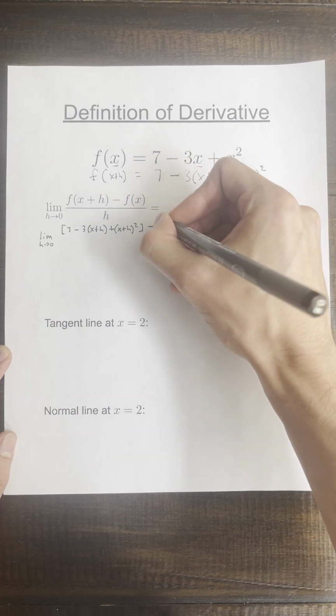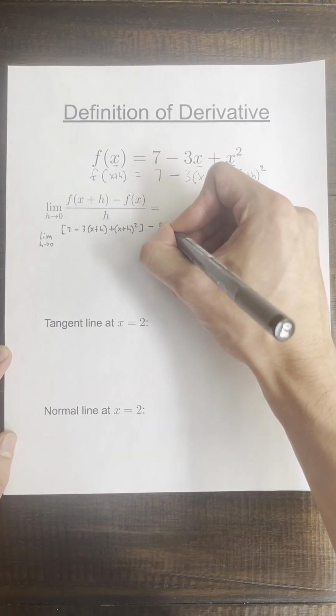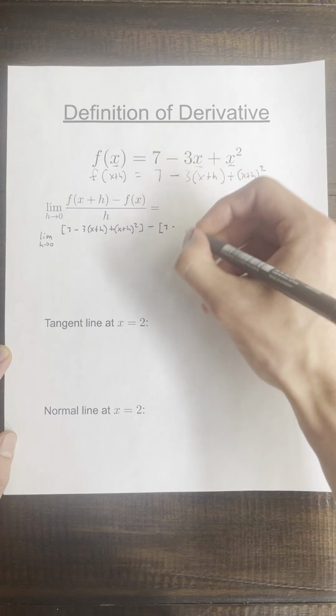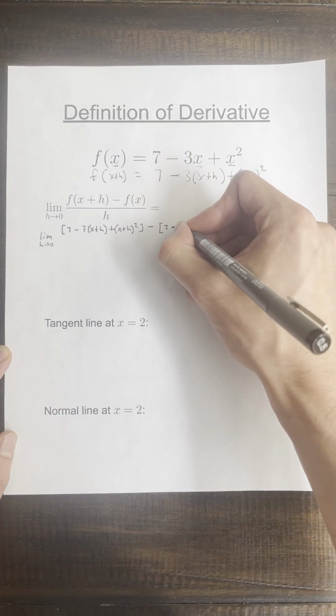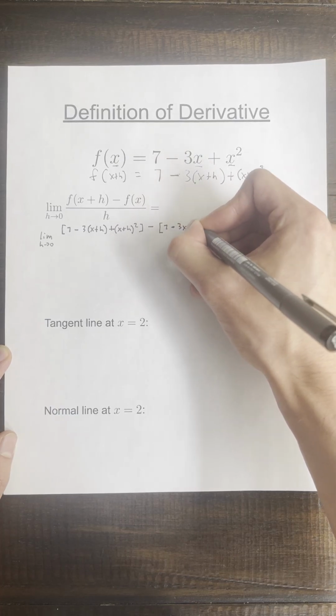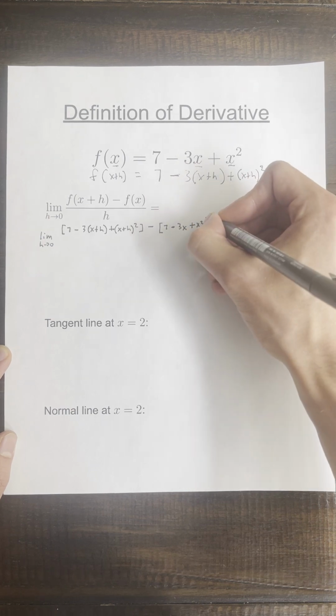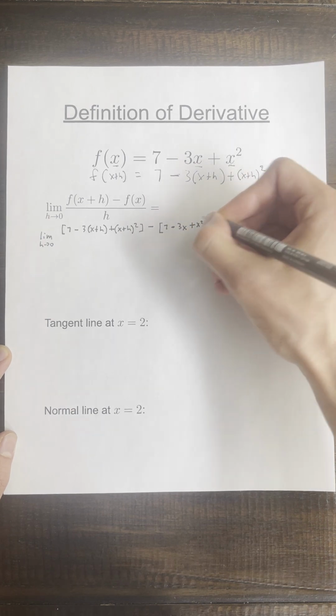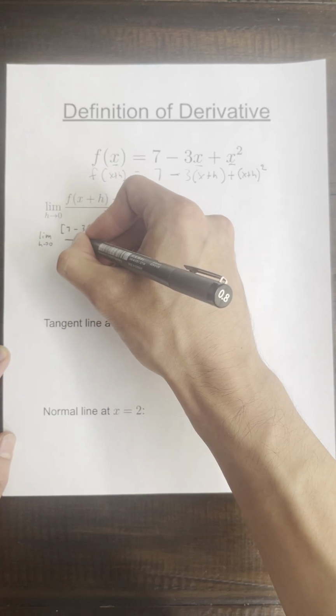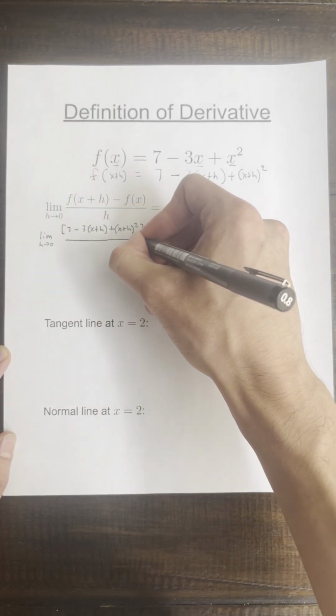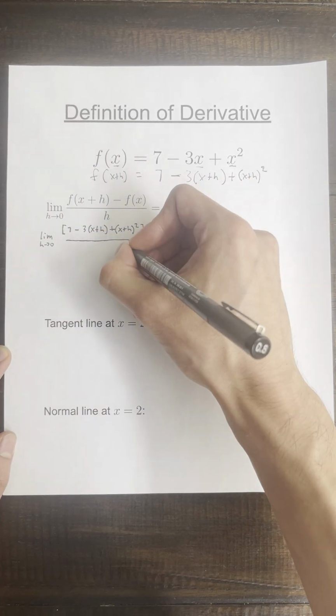So let's plug that in. 7 minus 3x plus x squared, all over what? All over h.